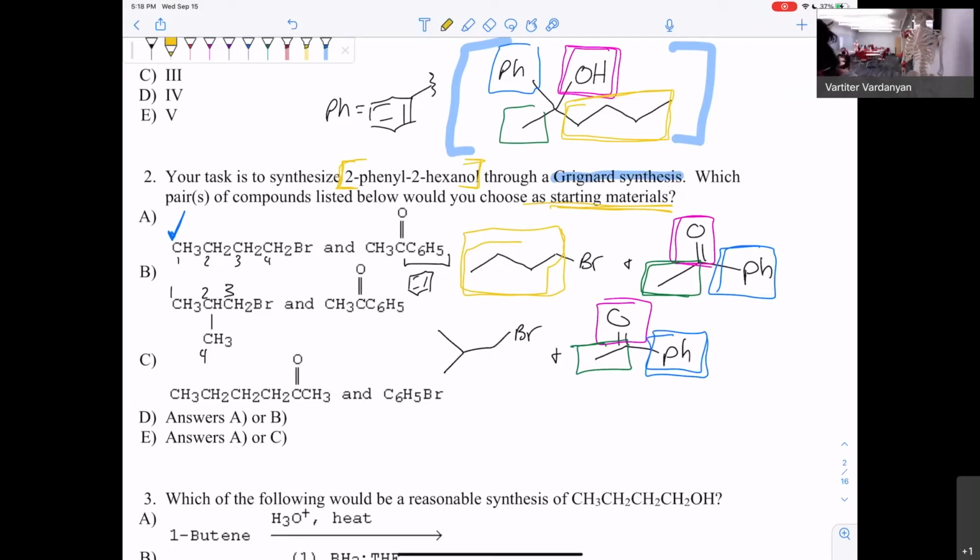No, because this does not look right. This would make a Grignard reagent that looks like this. And if we add that, it will not turn into a straight chain because we cannot do rearrangements. So I'll make a little note: no rearrangements. So this will not work.